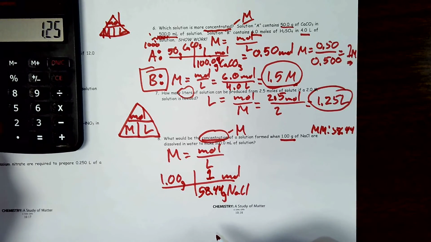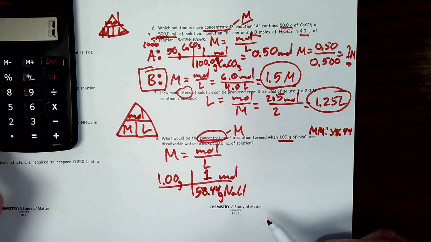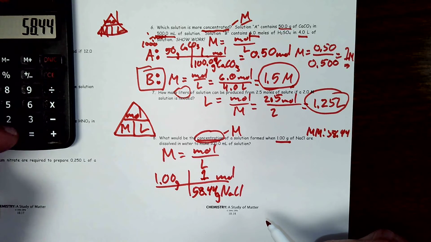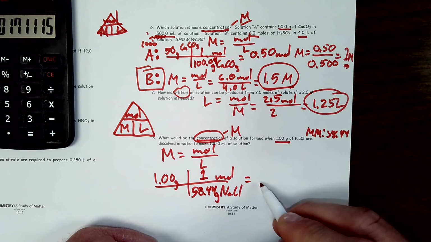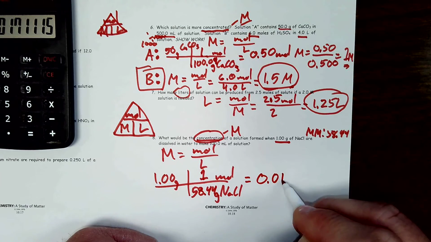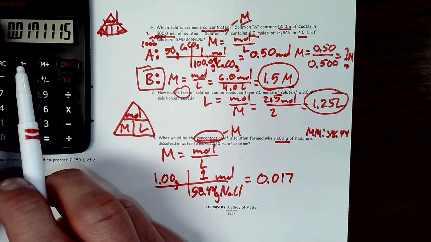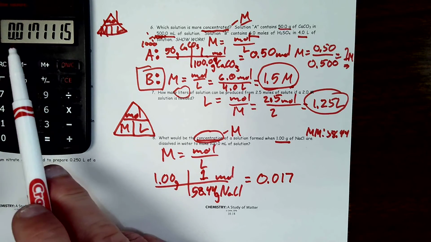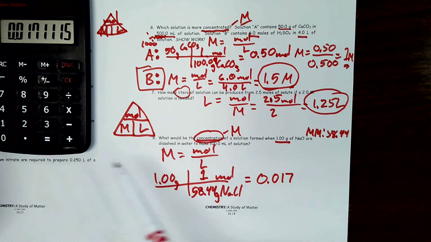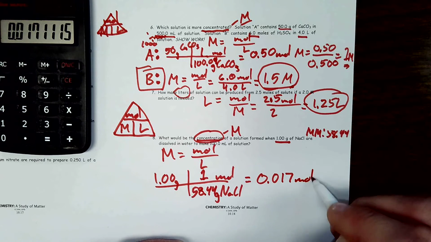So I take 1 divided by 58.44, and I end up with 0.017. If I end up with only zeros at the beginning, I'm going to wait till I get 2 non-zeros before I do any rounding. And the units are moles.